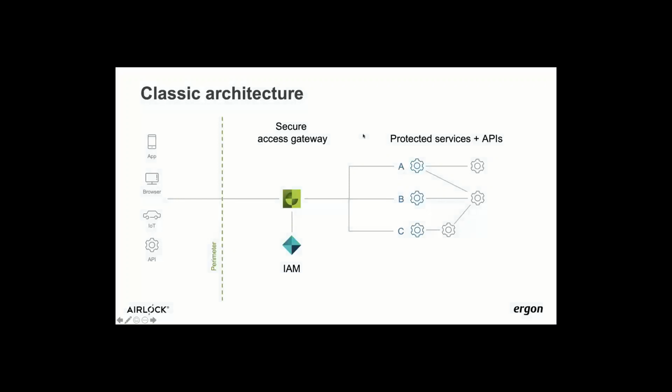Here's a classic architecture that represents this perimeter security paradigm. On the left, you have clients trying to access the protected services on the right. And in the middle, you have some type of security products. Here it's a secure access gateway connected with an IAM solution.